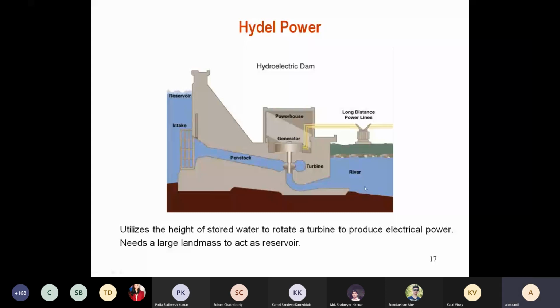You must have seen some dam in your neighborhood, or once you come to IIT Kharagpur, there may be some industrial trip where you may visit some hydel power station, and you can see it directly. But the basic principle is to store the water up to a certain height and then allow it to fall to rotate the turbine. Clear? Hydel power.